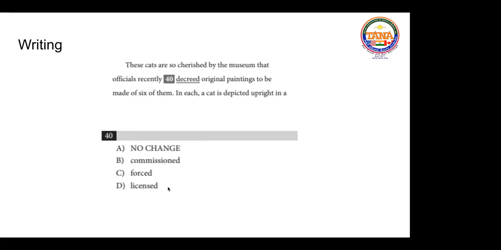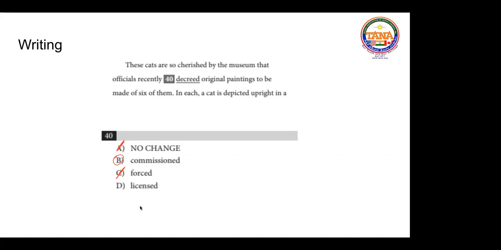So when you look at the answer choices, forced sounds a bit too strong for gave permission to. Decreed also sounds a bit too strong. Decreed is like to order or to command, and it's too harsh for the context. Licensed doesn't really work in this context. Commissioned is basically to hire an artist to do something, therefore B is our answer.